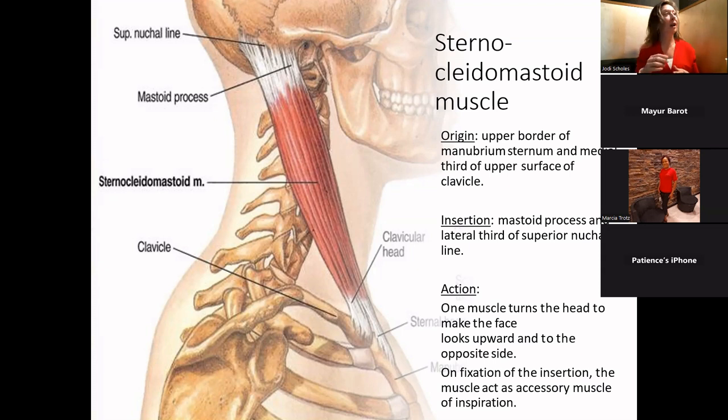So when we turn our head to the left, that left SCM is contracting and pulling our head into quasi-rotation. It really does this movement, makes us look up. But when a muscle moves, it contracts, it shortens. And so the SCM is responsible to turn the head kind of like in this direction and in the opposite direction.